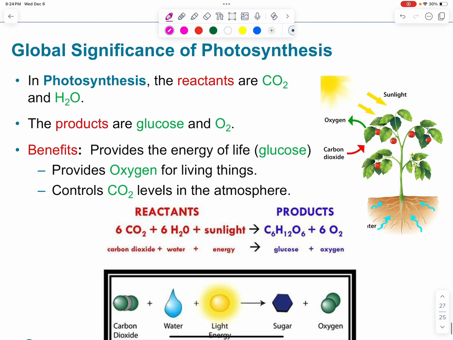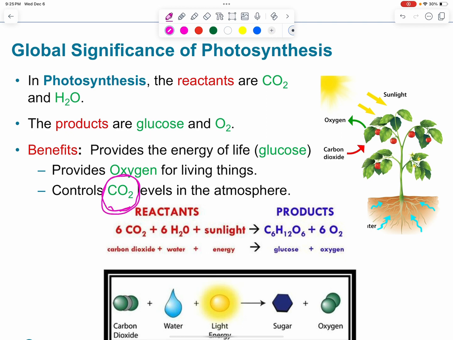What's the significance of photosynthesis? We've pretty much gone over this already. It provides oxygen. It's giving off that oxygen for living things. It needs to take in carbon dioxide. So you may have heard of global warming, and global warming is caused by greenhouse gases. Greenhouse gases come from burning fossil fuels.